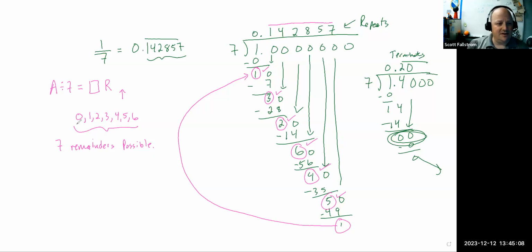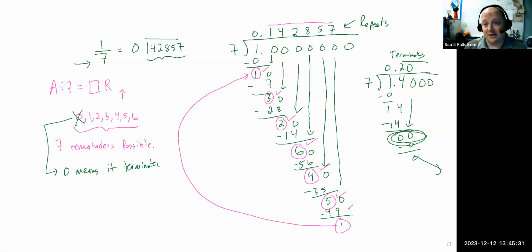But in terms of a repetend, we have to come back and cross 0 out because 0 means it terminates. And if you know something like 1/7, you can look and say, I know it doesn't terminate. So that means there would be a max of 6 remainders possible. And eventually, after you do it long enough, they have to repeat. Sometimes they'll repeat sooner. Let's look at one of those.